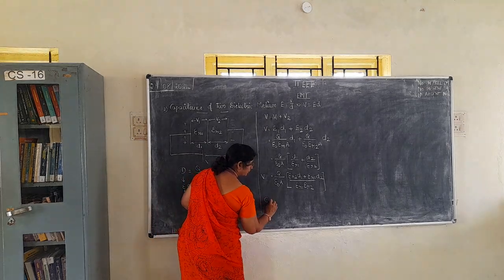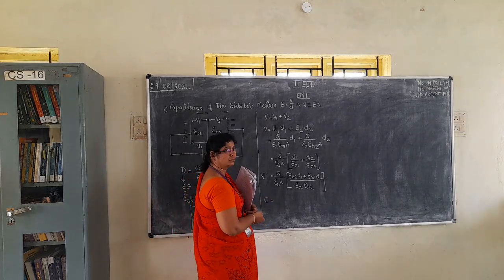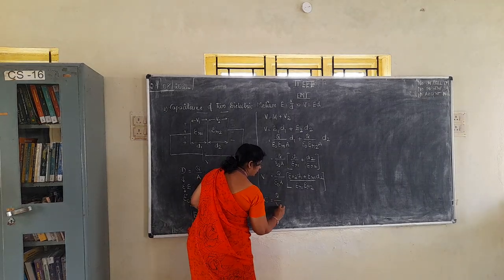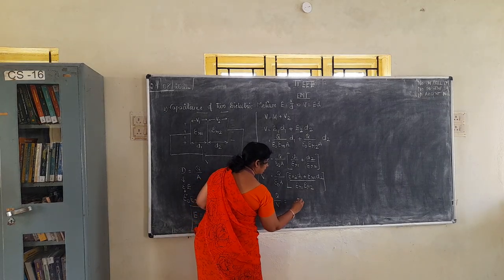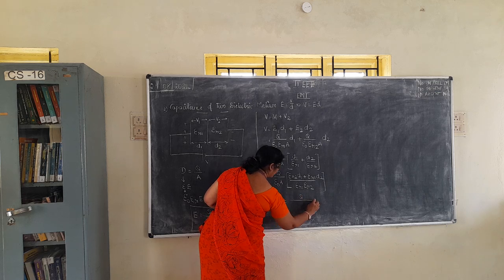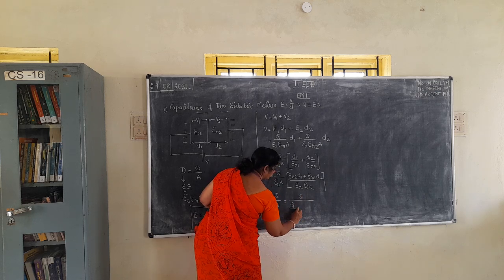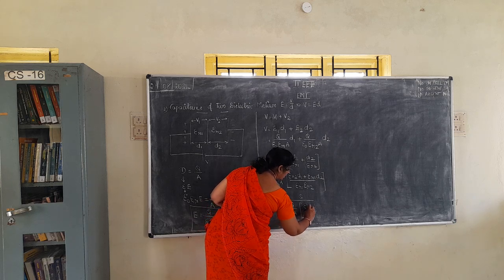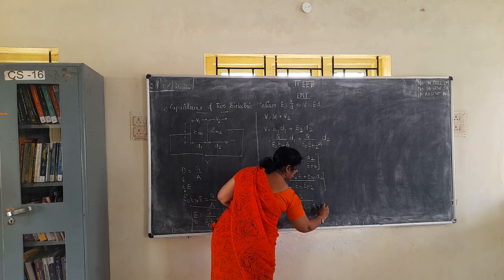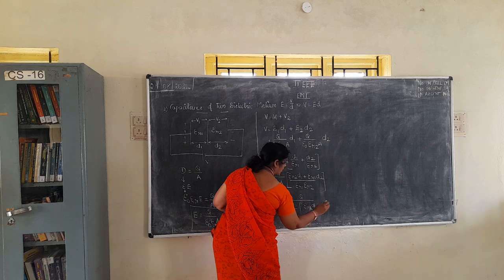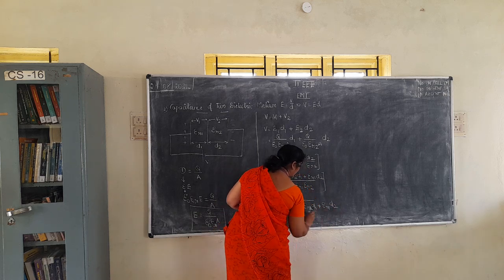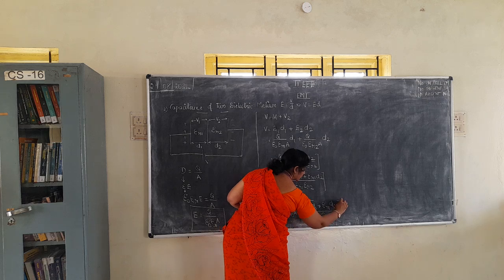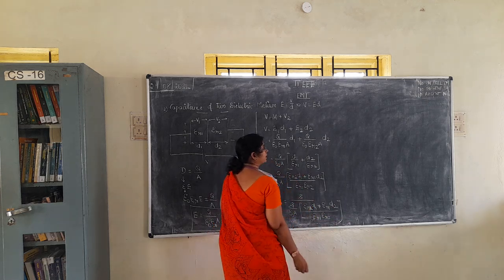What is C? C is equal to Q divided by V. Substitute your V expression here. So Q divided by Q over epsilon naught A into epsilon R2 d1 plus epsilon R1 d2, divided by epsilon R1 epsilon R2. Here Q will get cancelled.